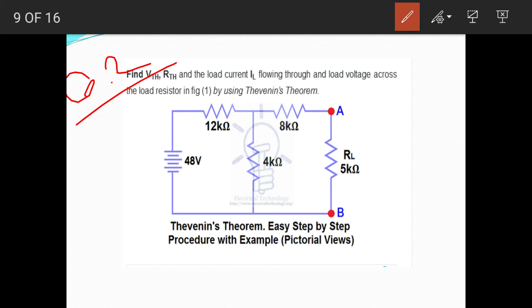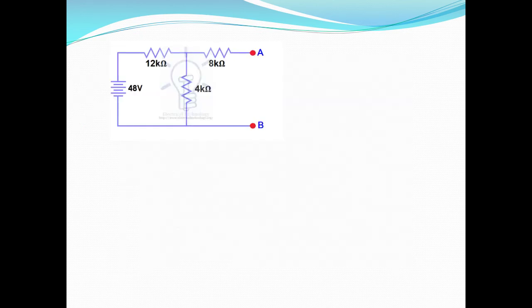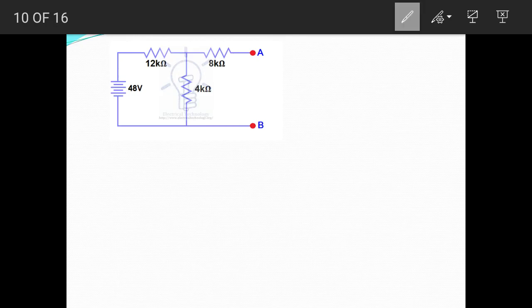According to procedure, first we find VTH. To find VTH, first we remove the load resistance from the circuit. Then we find the voltage across the open circuit terminals of the load. In this circuit, VTH is nothing but the voltage across the 4 kilo ohm resistance.